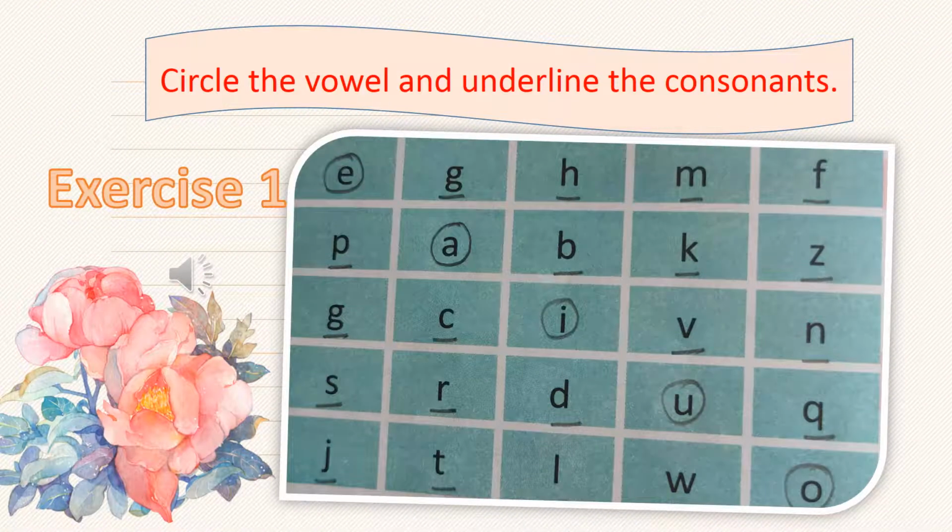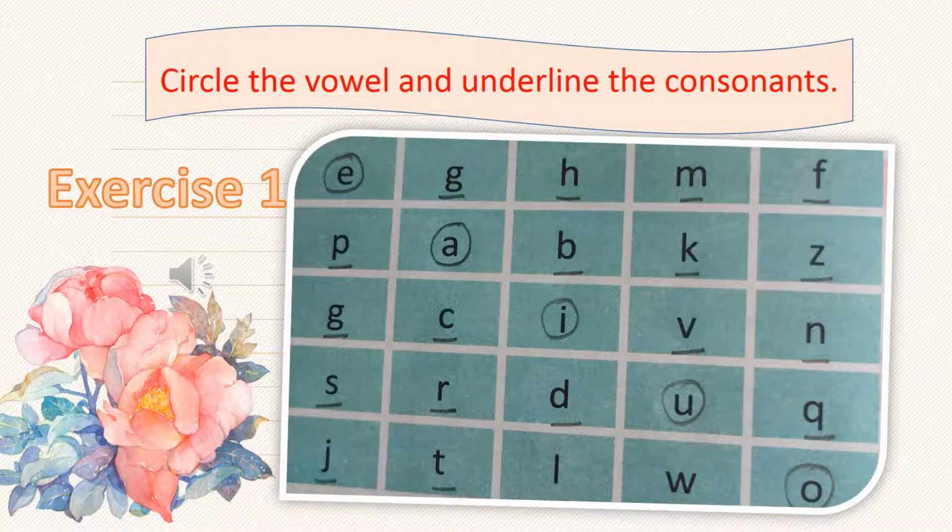Based on the information I have given you on the first page, I have created this exercise number 1. What you have to do in this? Circle the vowels and underline the consonants. Now, what are vowels and what are consonants? You must be remembering, I told you in English there are 26 alphabets, in which 5 are vowels and the remaining 21 are consonants.